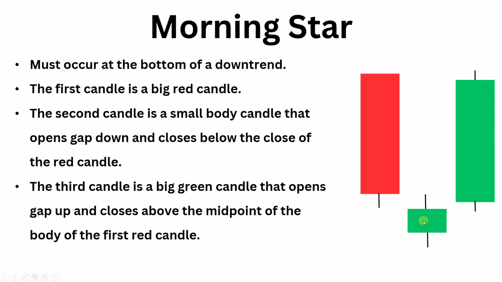This candle can be either red or green, it doesn't matter. In this case, it is green. It can be red too. And this candle must be a narrow range candle, a small candle. This is a small candle.